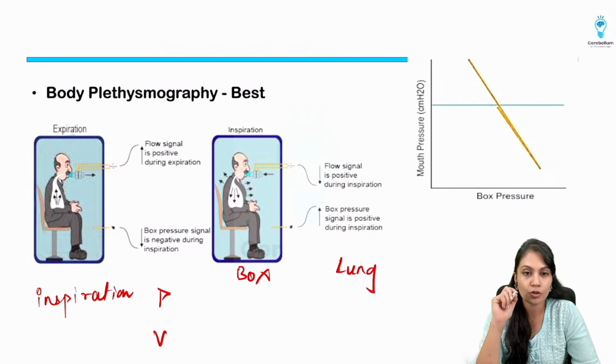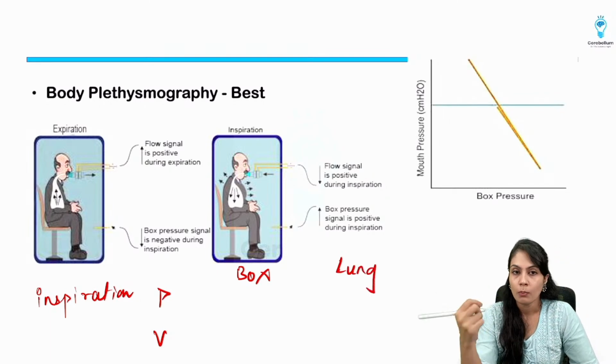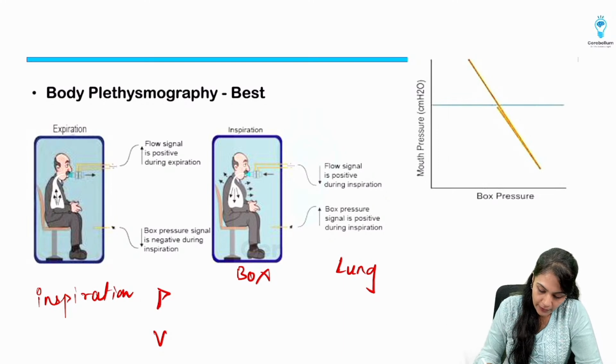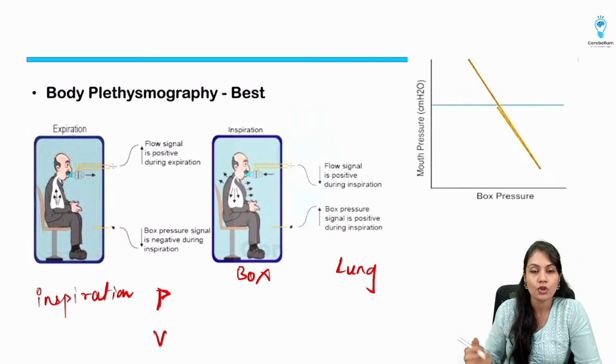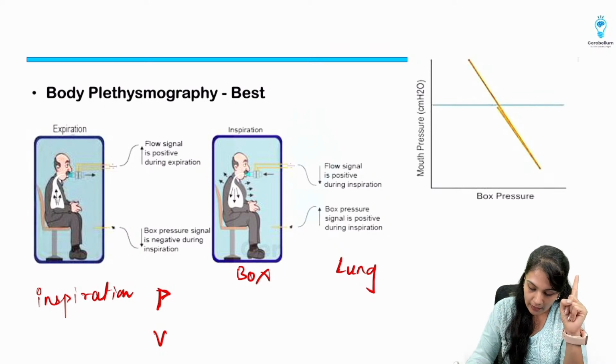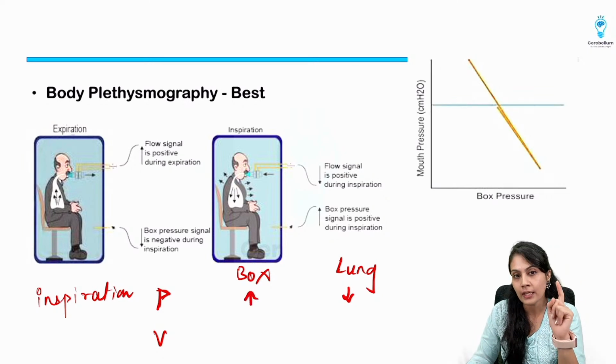So I'm going to attach the pressure transducer to the box, and I can measure it in the lung directly also, right? What is going to happen to the pressure in the lung? We know the negative suction pressure is created, and as soon as the pressure falls in the lungs during inspiration, I know the pressure in the box is going to increase. Why?